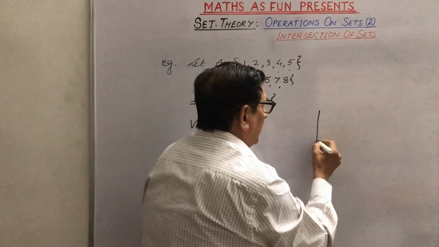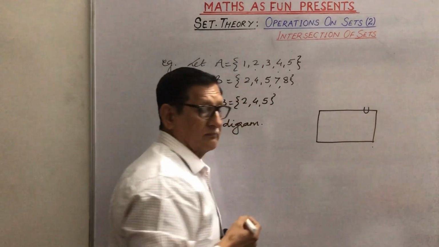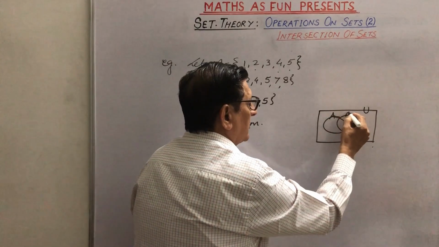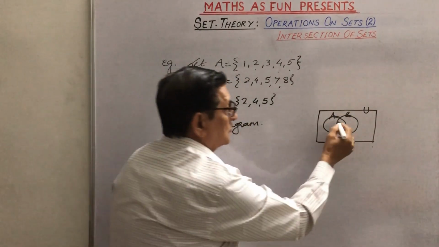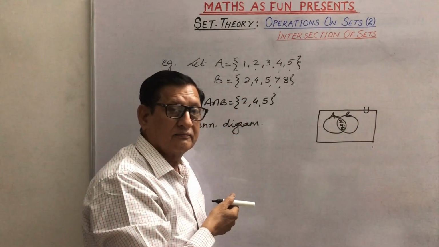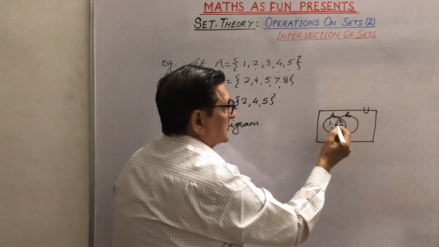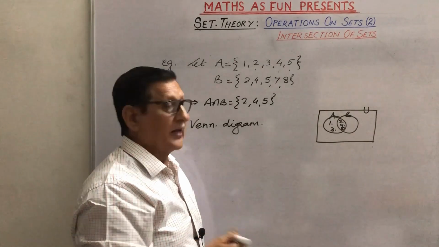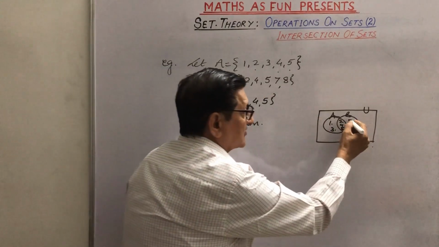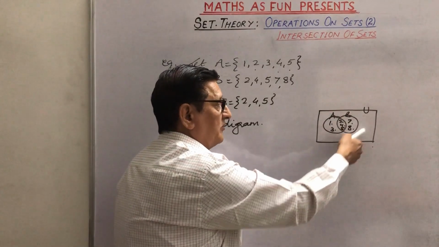We know that first we have to draw the universal set U. Sets inside it, they are subsets of it, that is A and B. The common elements are 2, 4, 5, that is 2, 4, 5 will be lying in the common area or common region. 1 and 3 are lying in this portion of A, and the elements of B which are not in the common area, these are 7 and 8, are lying in this. The remaining elements of U will be here.